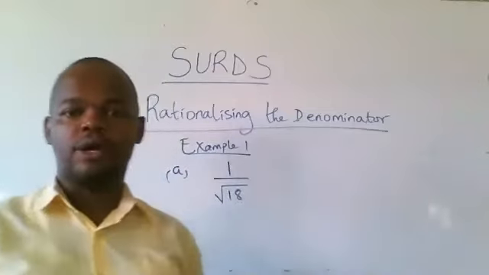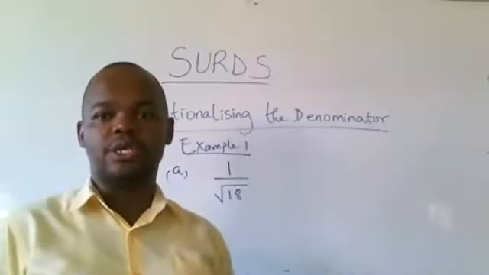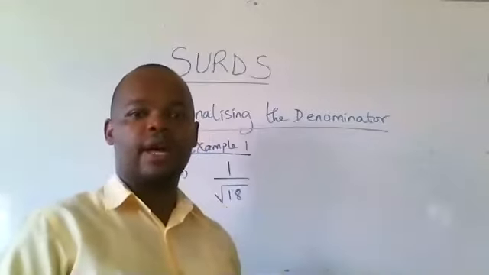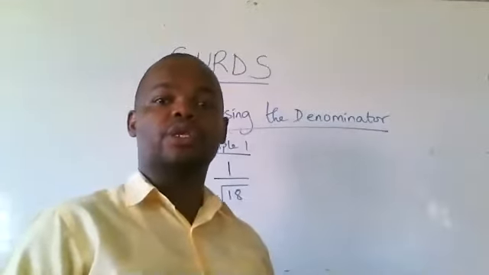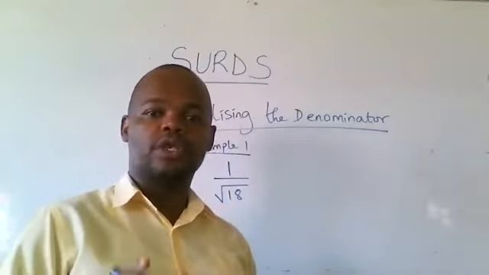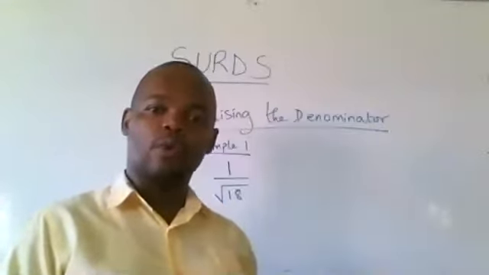If you look at it very keenly, you realize that square root of 18 is not simplified. So the first thing is to simplify square root of 18.